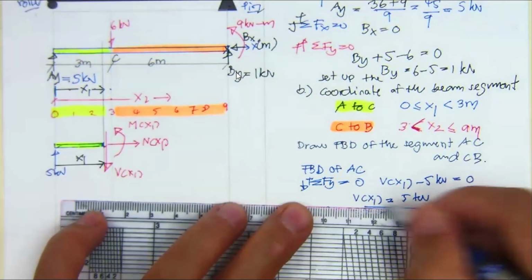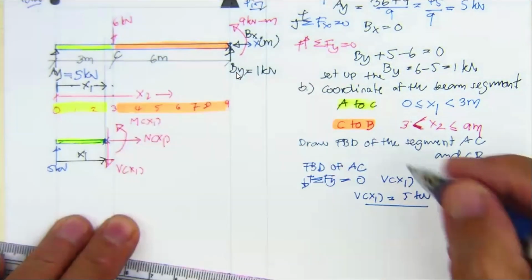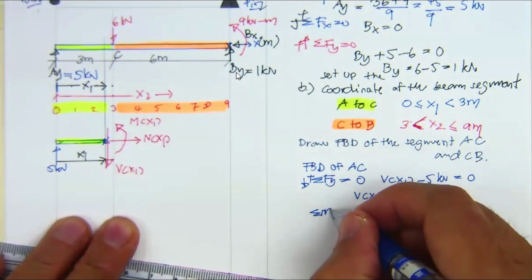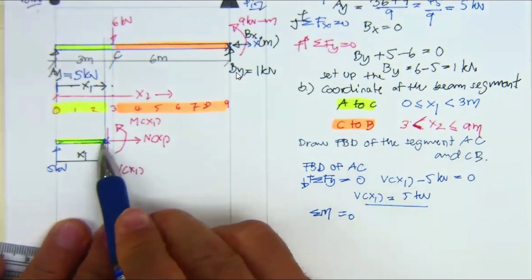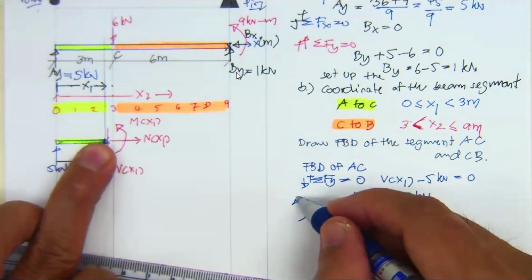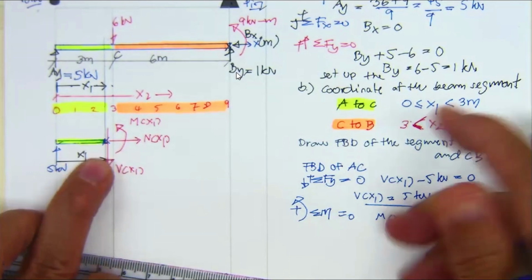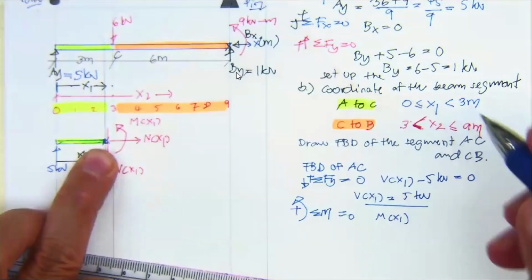This is for the first portion. Then if you take summation of the moment equal to 0 at the cut, M sub x1 is positive, rotating in this direction.